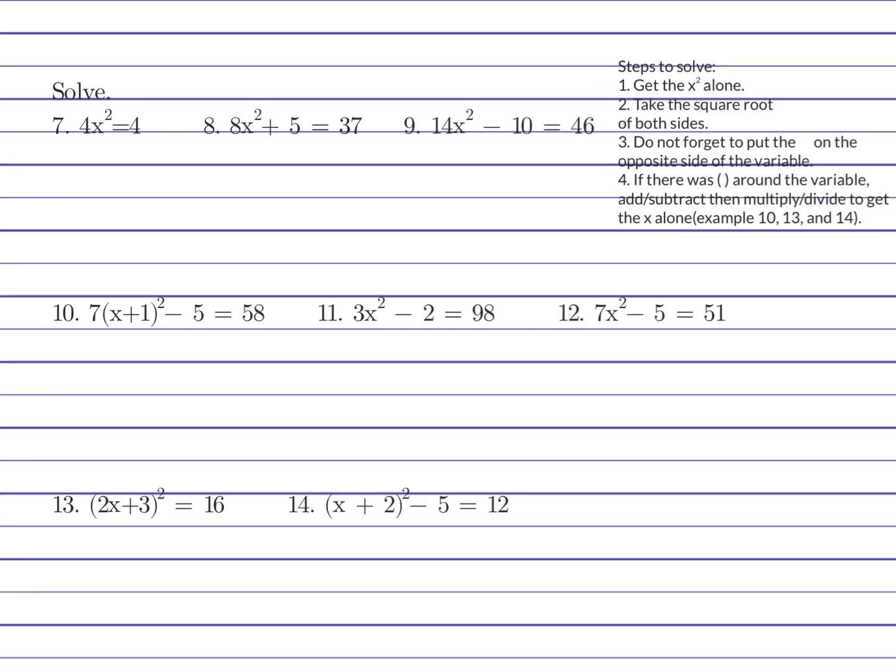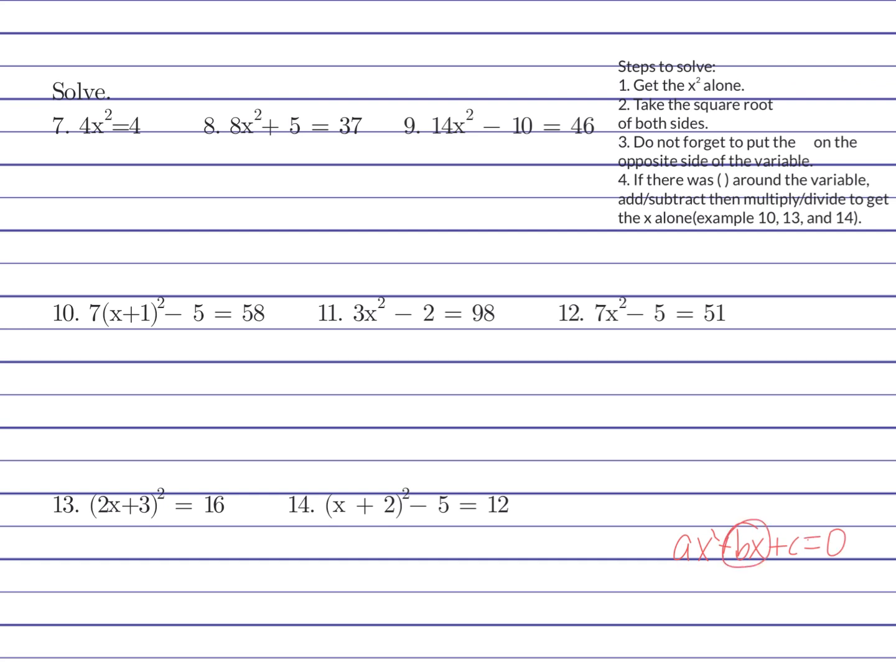Okay, we are going to solve quadratics that do not have a b value. Let me tell you about that just for a moment. Ax squared plus bx plus c equals 0.